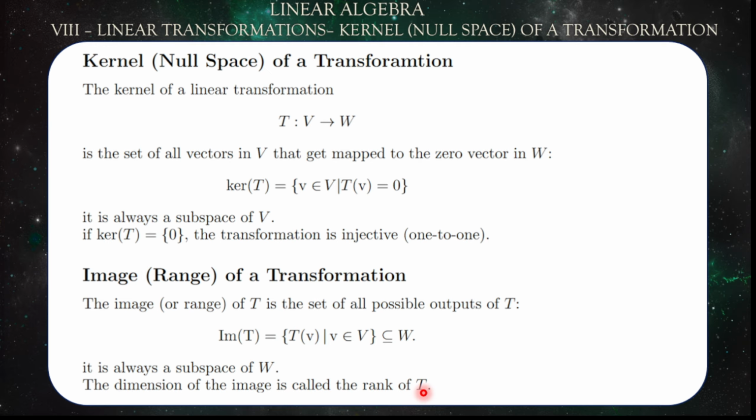Again, the image is the set of all possible outputs of T. Meanwhile, the kernel is the set of all vectors that get mapped to the zero vector in W.